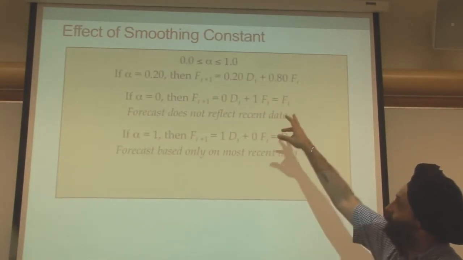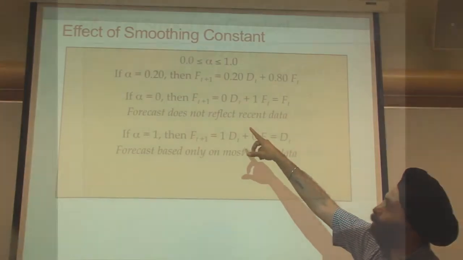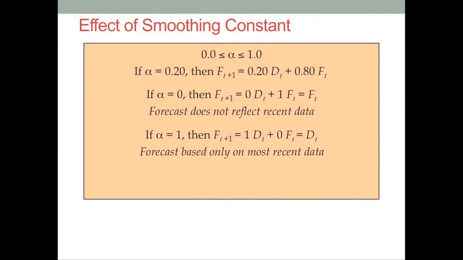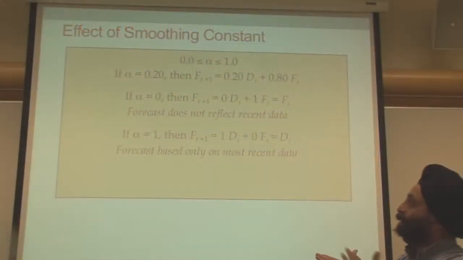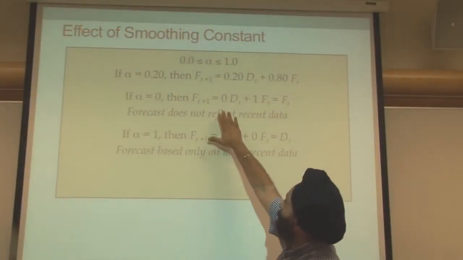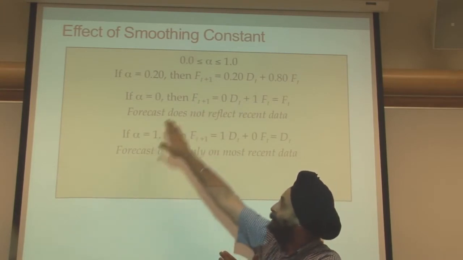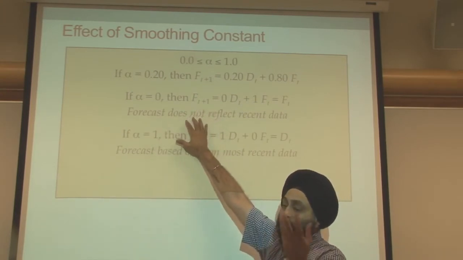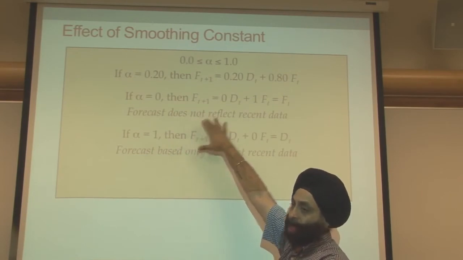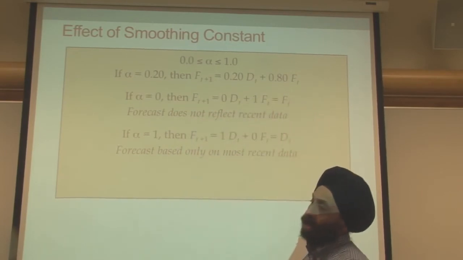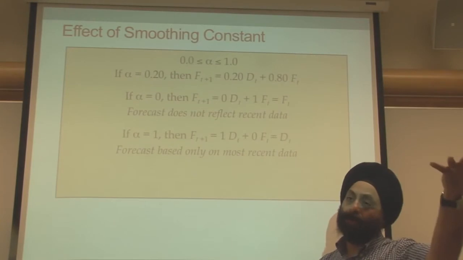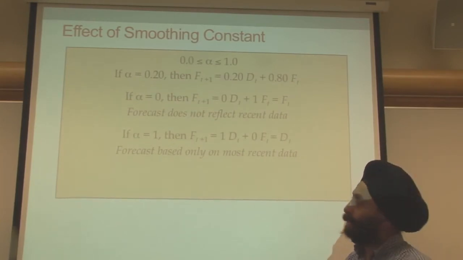So alpha is between 0 and 1. If alpha is 0.20, then ft plus 1 becomes 0.20 dt plus 0.80 ft. Where alpha is 0, what you're saying is my forecast is going to remain constant. What I'm going to forecast for the future period is the same as what my forecast was for the last period, which was the same as the forecast for the period before that.